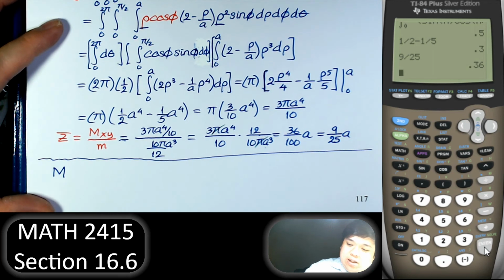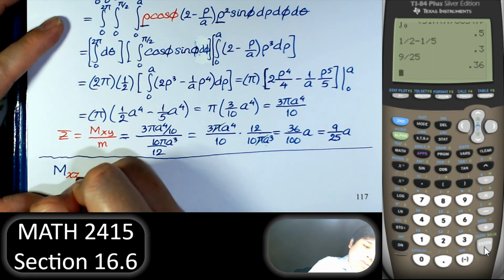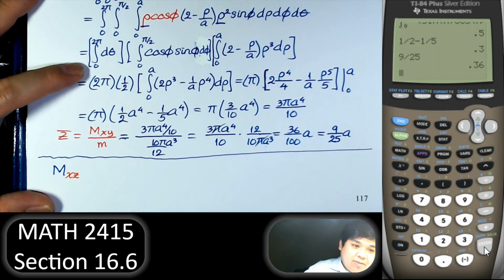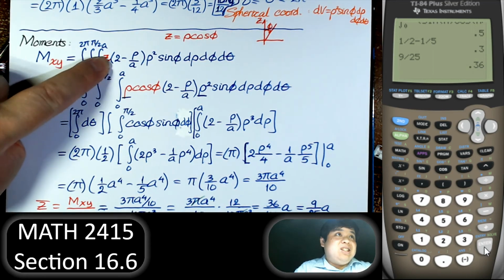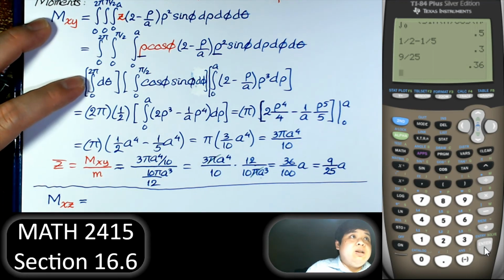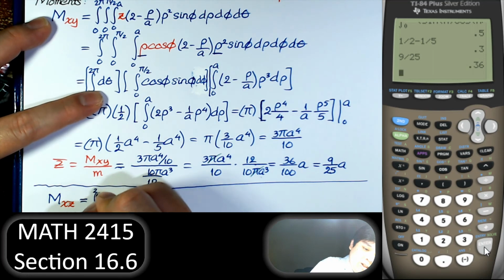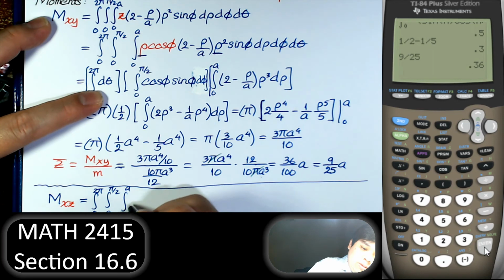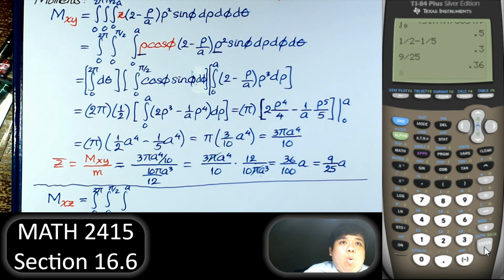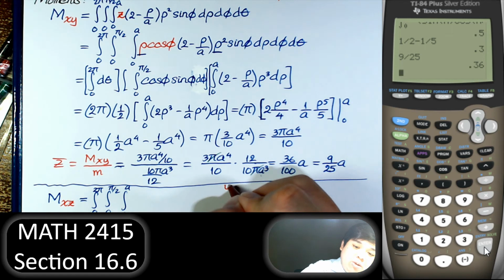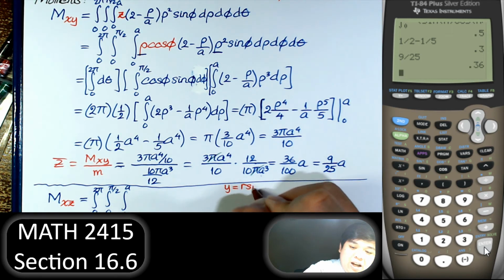So let's find the moment about the xz plane. That's where we stick y to it, right? So I'm going to write this again, but instead of sticking z to it, I'm going to stick a y to it. Now, in polar coordinates, what is y equivalent to? In polar coordinates, y is equal to r sine theta, right?